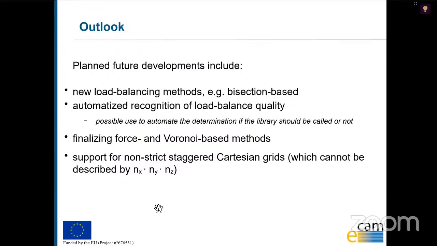And then we're working currently on the support on what I call non-strict staggered Cartesian grids. These would be grids that are based on an orthogonal base structure where you have orthogonal domains, but the global grid of domains could not be described as nx times ny times nz processes, because you could have a differing number of processes per layer, so that it's not strictly a Cartesian grid anymore.